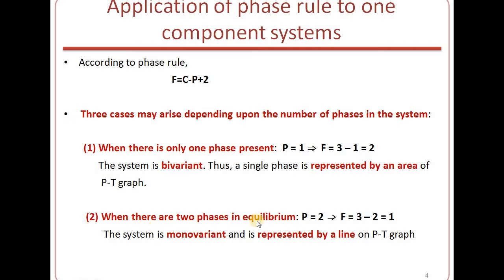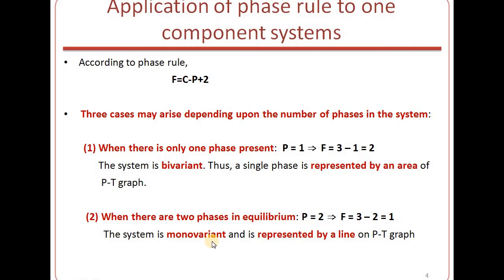Now when there are 2 phases in equilibrium, in that case P will be equal to 2. So F comes out to be 1 minus 2 plus 2, equal to 1. So when there are 2 phases in equilibrium, we are getting degrees of freedom equal to 1.